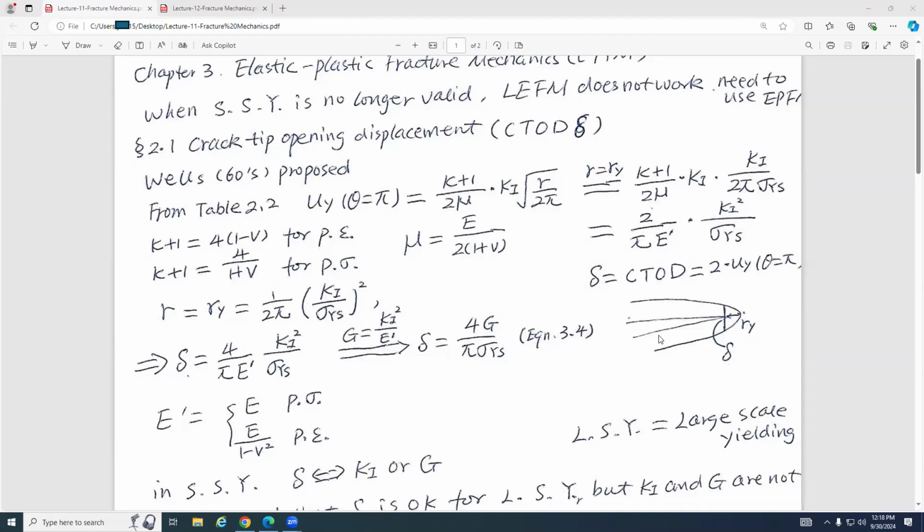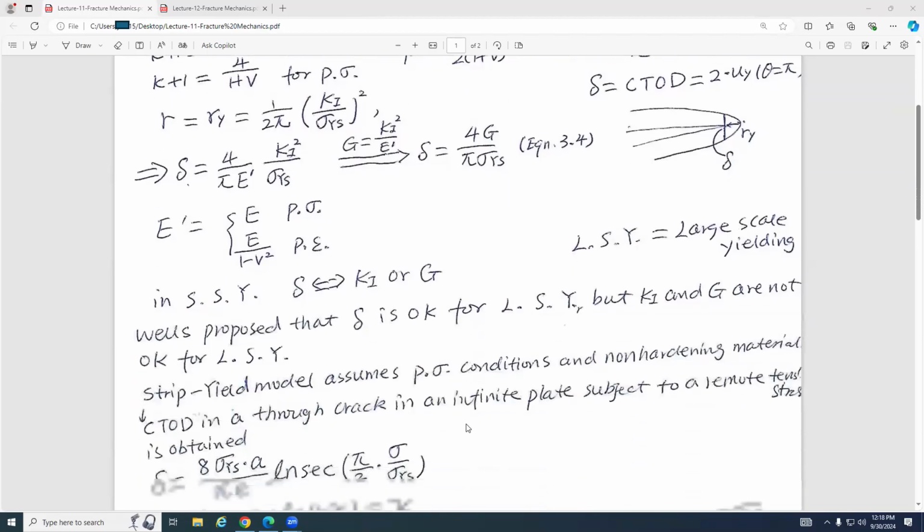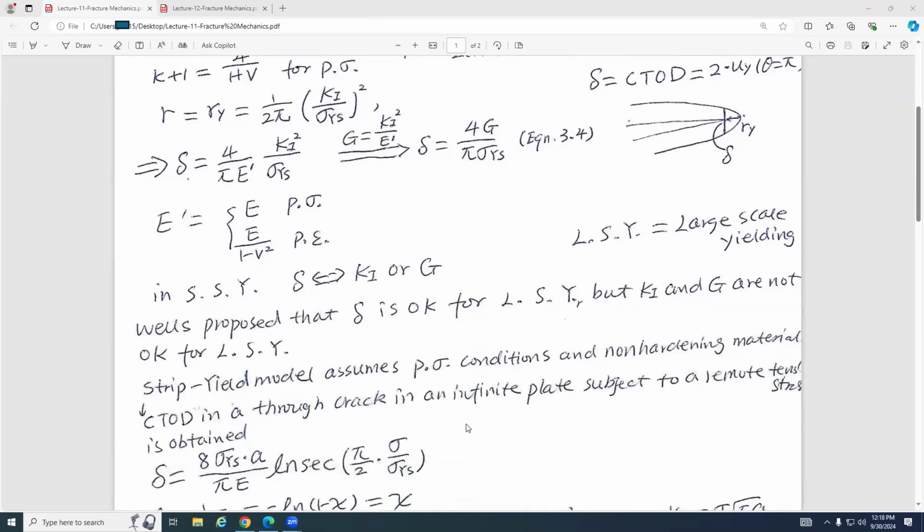Now we can use this to describe the fracture mechanics with plasticity. In small scale yielding, delta, Ki and G, all three are okay to describe the stress field and the fracture mechanics. However, for large scale yielding, Ki and G are not okay.